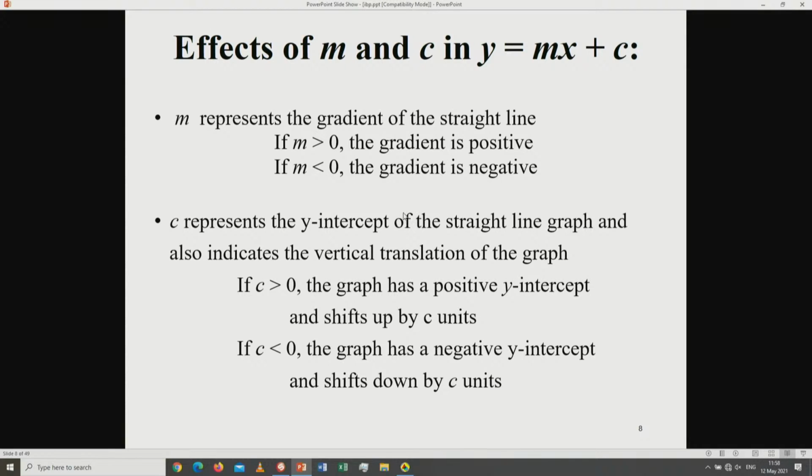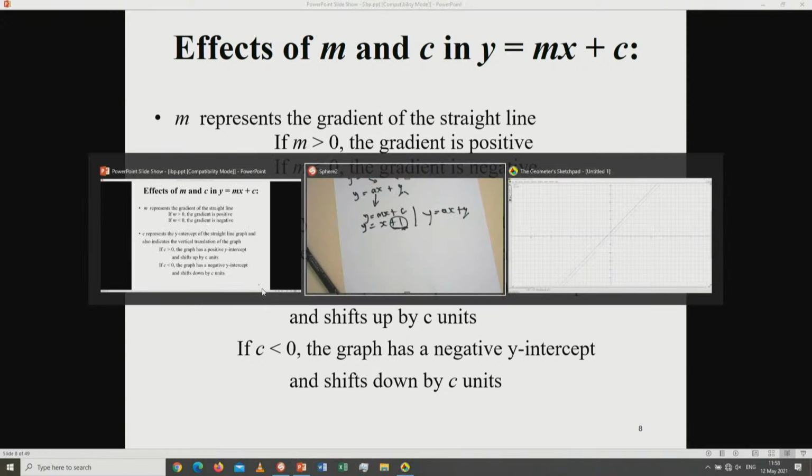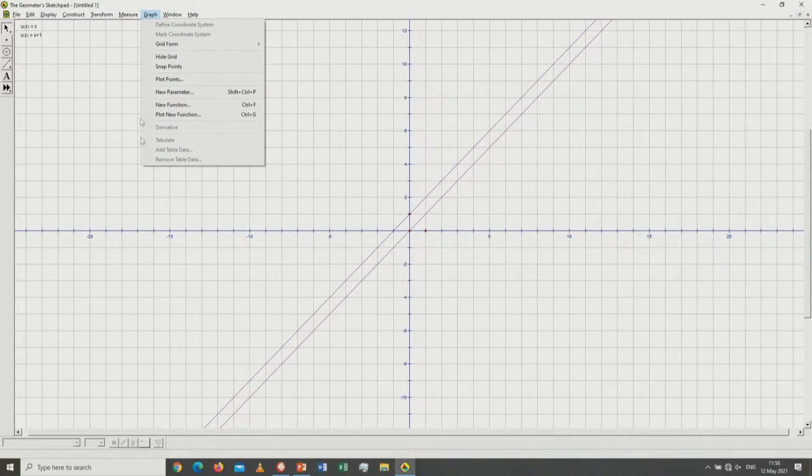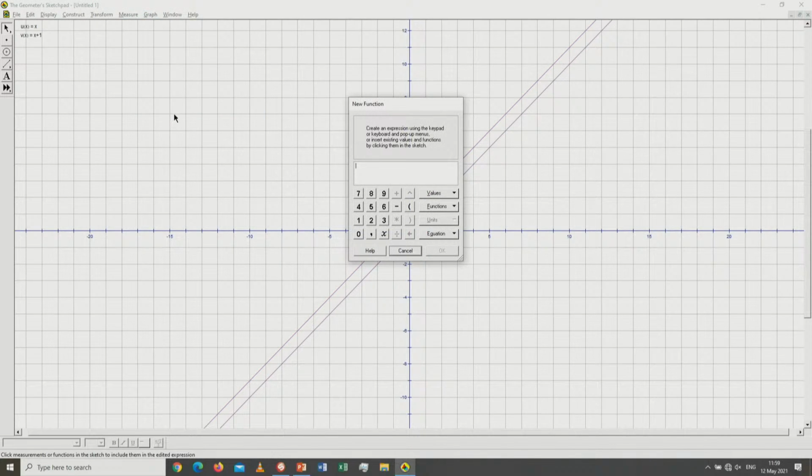You have seen on the graph that the graph will touch the y-axis at positive 1. And also, it's a shifting. If c is a positive 1, then the graph will move 1 unit up. The graph shifted 1 unit up. Please take note of that and don't forget it. Very, very important.